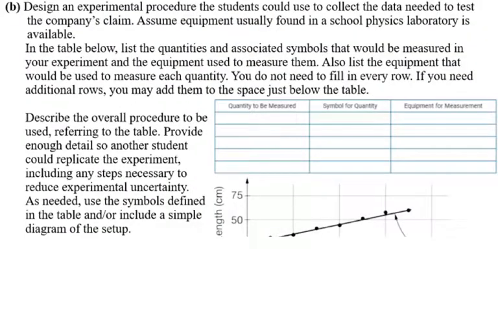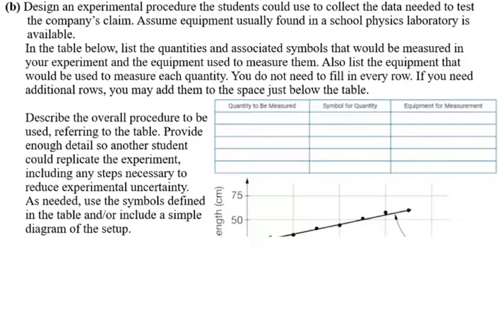For B, they say design an experimental procedure the students could use to collect the data needed to test the company's claim. Assume equipment usually found in a school physics lab is available.